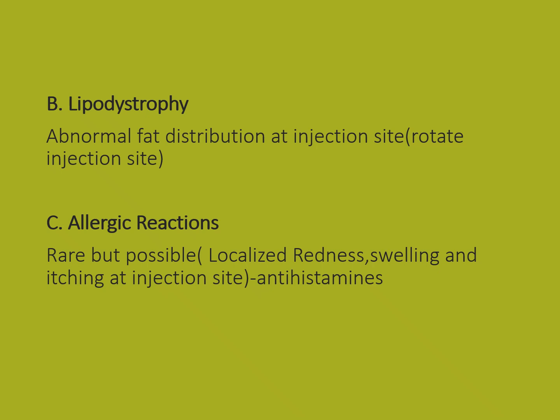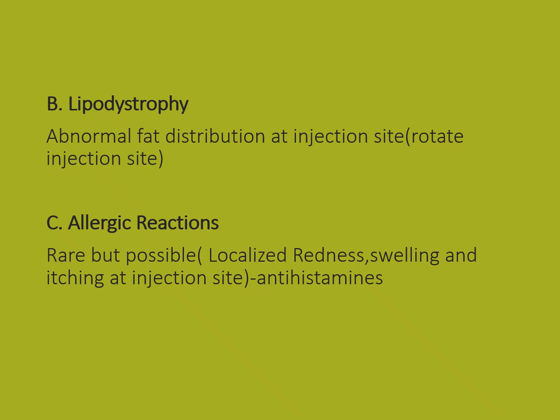On our second list, we have lipodystrophy, which we discussed earlier, that this has to be prevented by rotating the injection site, right? It's an abnormal fat distribution at the injection site because of failure to rotate the injection site. So the cardinal thing you have to do here is to rotate the injection site to prevent this abnormality.